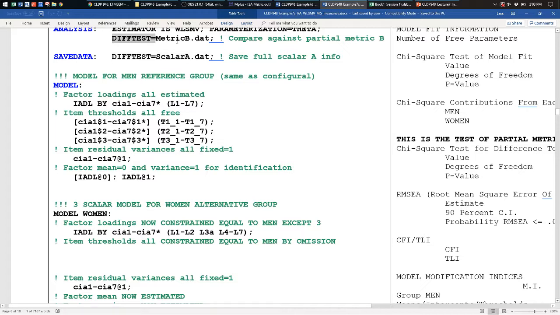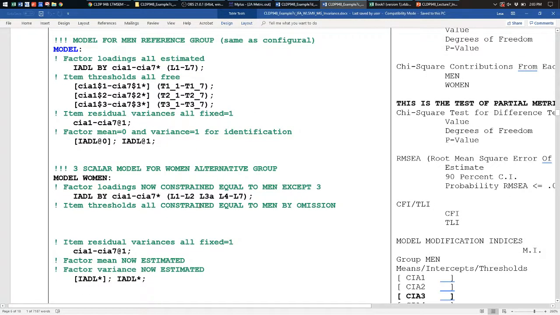I am referring back to metric B, which is the model we just finished, where all of the loadings are held invariant except for 3, and the factor variance is estimated. I am now constraining all the thresholds to be equal across groups, and in so doing, this right here, don't forget that, freeing the factor mean.